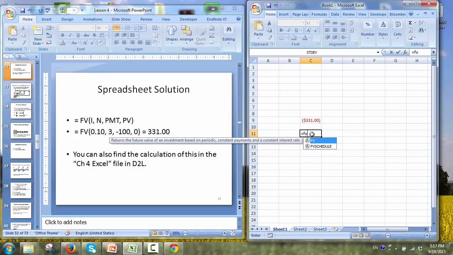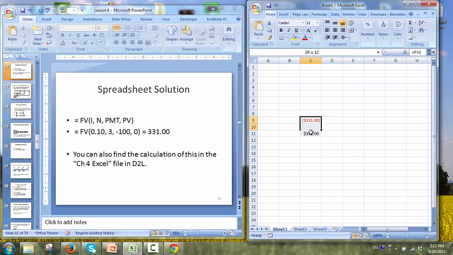If we use 10%, 3 years, but negative 100 as payments, then we will have a positive future value result. But either way, the amounts are the same, so we just know again that the negative or positive sign is just a way to differentiate the direction of the cash flows.